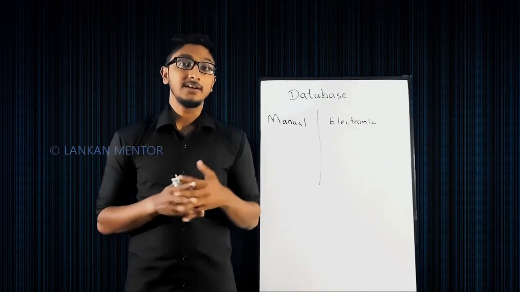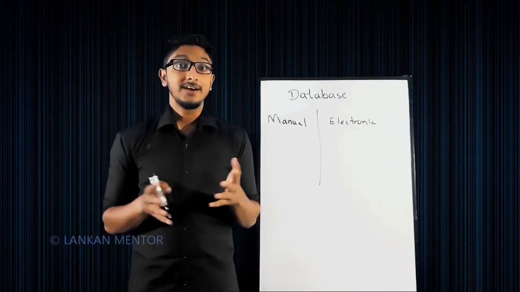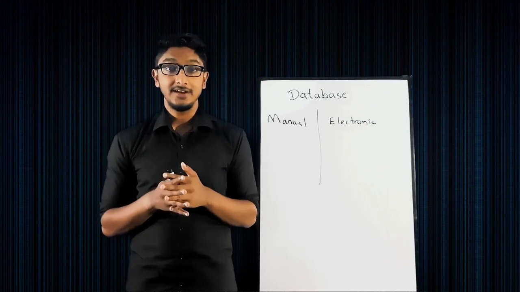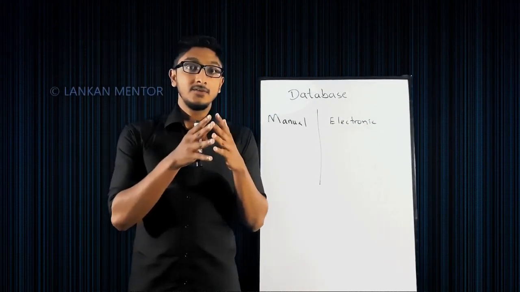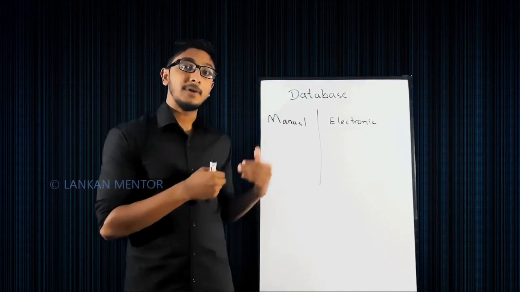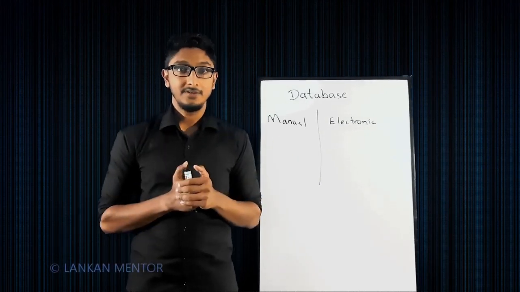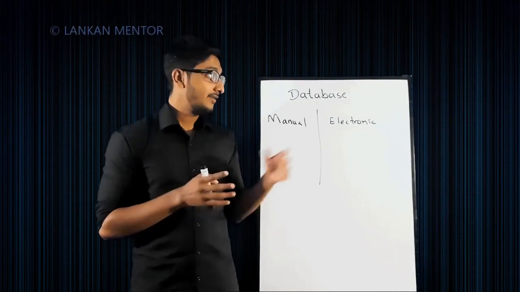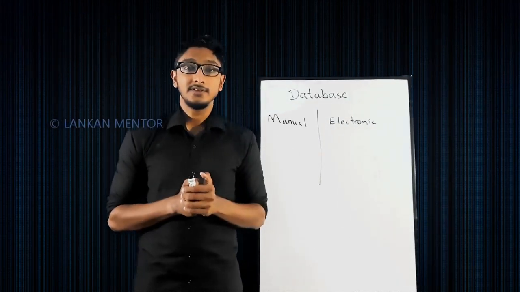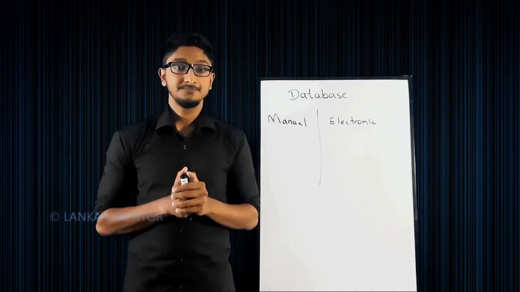But when you are entering data into a database, there are validation checks, right? So data will be much more accurate than a manual system, right? There is very less possibility of errors when you are using electronic databases, right?